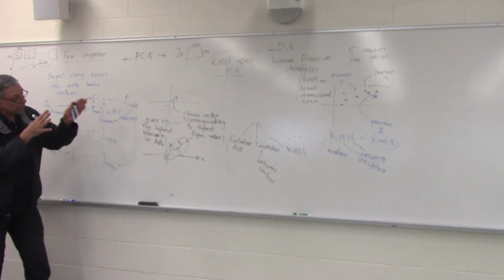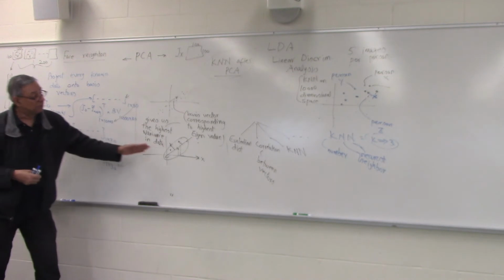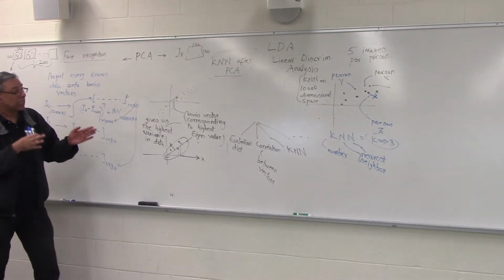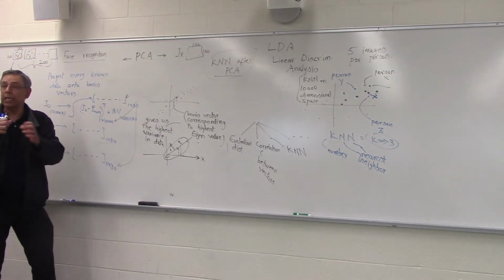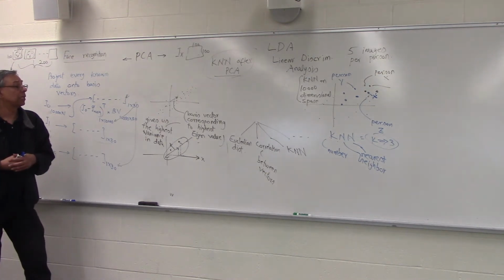So each one of those 30 bases that we came up with tells us which direction the data can be distinguished best from each other, right?